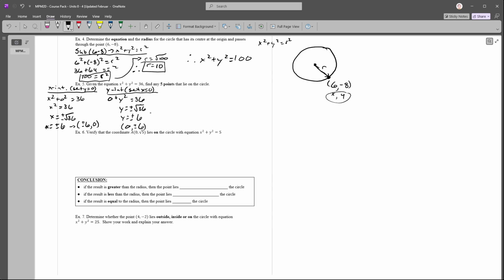Which one? Well, we can actually choose any point on the circle. If we think about this graph over here, if I choose an x value of 1, just choose any x value that's less than the radius. Because if I choose an x value that's greater than the radius, I'm outside my circle.